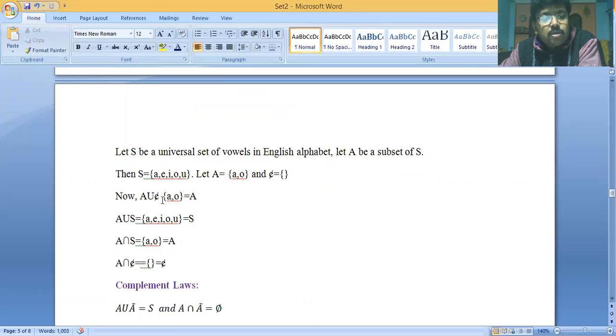So A union null set is A, O. It's clear. So now A union universal set. A, E, I, O, U is the universal set, and now A intersection universal set is A, O, that is A. A intersection null set, that is null set.